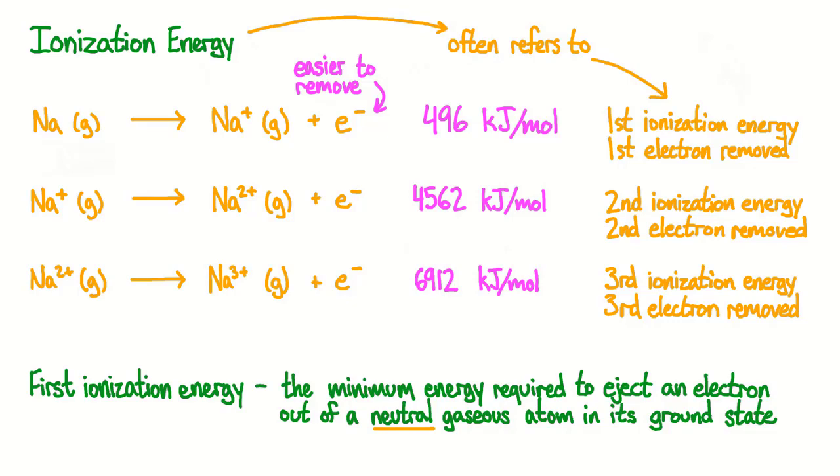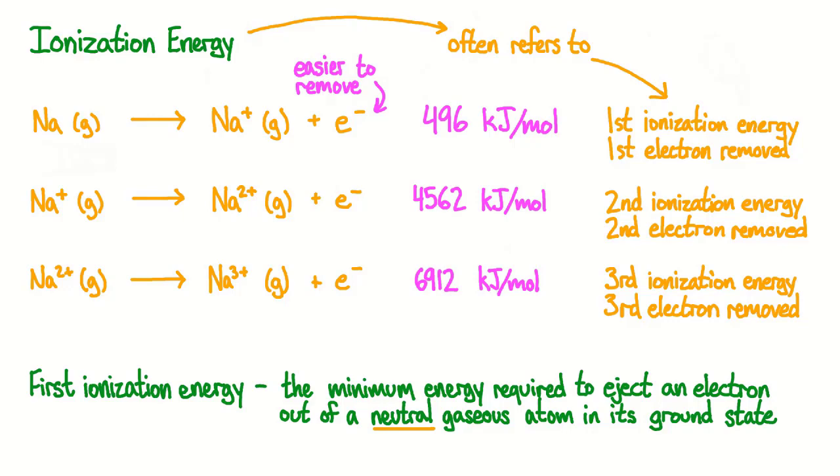When talking about ionization energy, the first ionization energy comes up quite frequently, while the second ionization energy and beyond are mentioned much less frequently. For this reason, even though they're not exactly the same, we often use the term ionization energy to refer specifically to the first ionization energy.